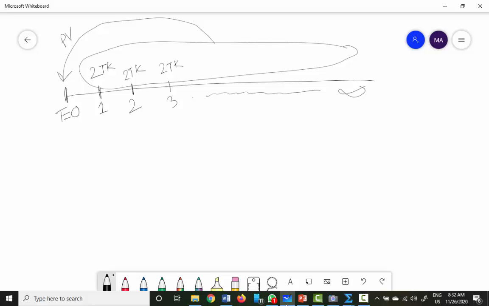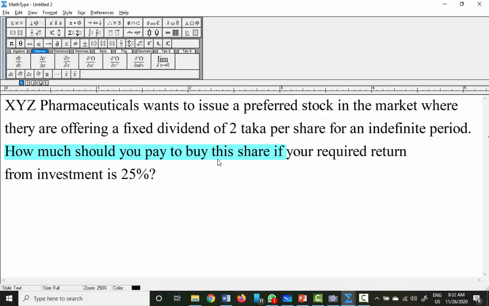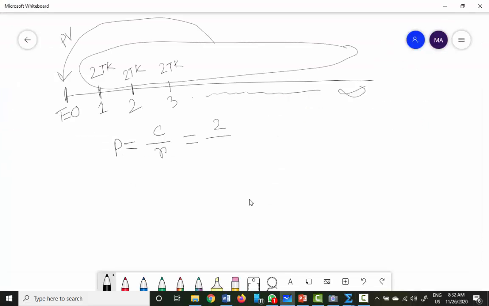So present value of perpetuity. We know that the formula is C divided by R. C is this fixed cash flow. So here C is 2 taka, and rate of return is 25%.